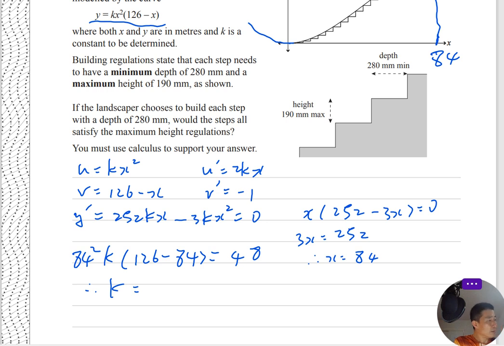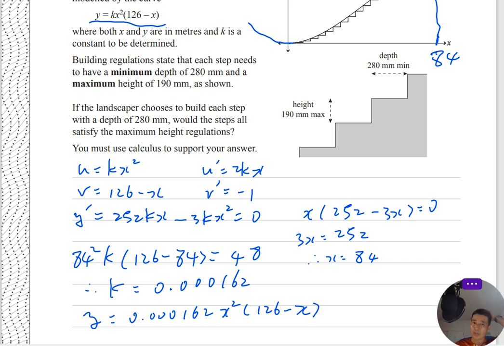I believe I found here k is approximately 0.00162. So the equation now is y equals 0.00162 x squared (126 minus x).